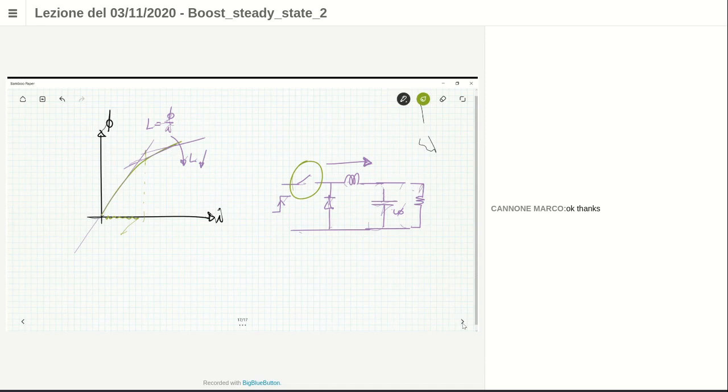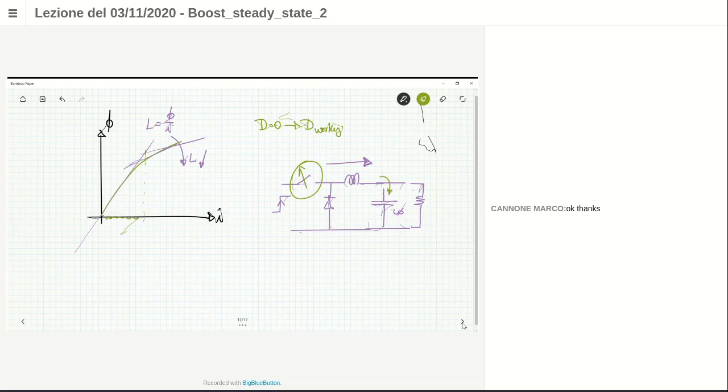So a solution that mitigates the problem of this inrush current in the buck converter is that you can increase the duty cycle slowly at the beginning, from 0 to the working duty cycle, the duty cycle you need, and this makes it possible to avoid the short circuit. At the beginning you leave the switch open, then you close it a little bit for a very short time interval during TS, so a small amount of charge flows into the capacitor.